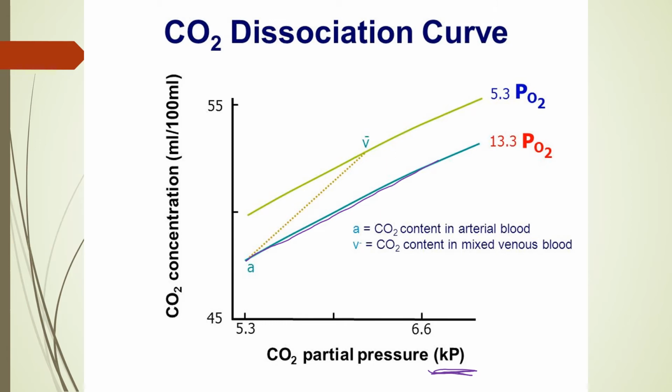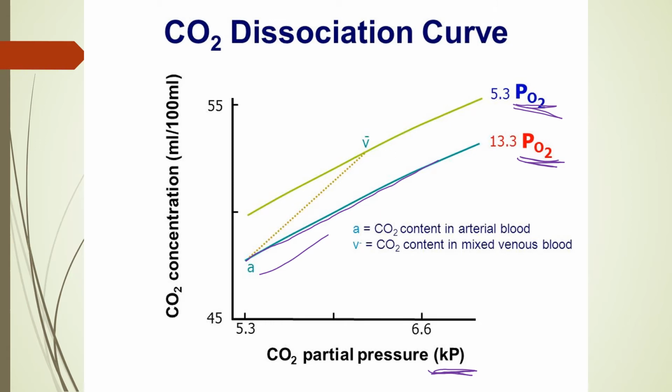So down here it is, and it's labeled here, we have CO2 content in arterial blood, or PA, or pressure of oxygen. So this would be vein on the top and artery on the bottom here. And then V would here be the CO2 content in the mixed venous blood.